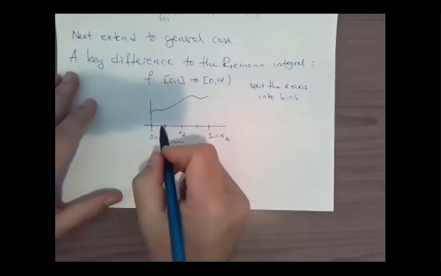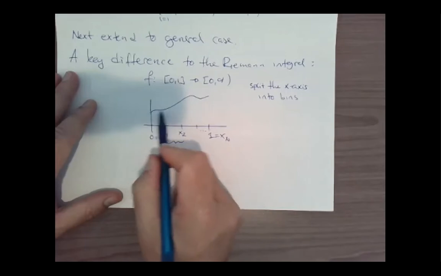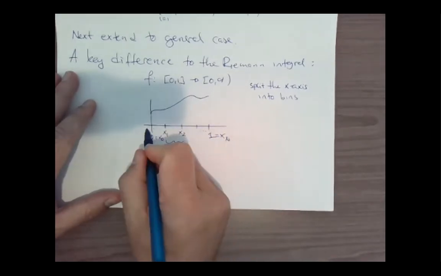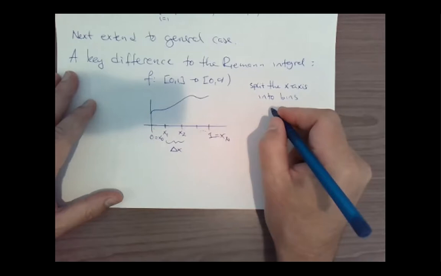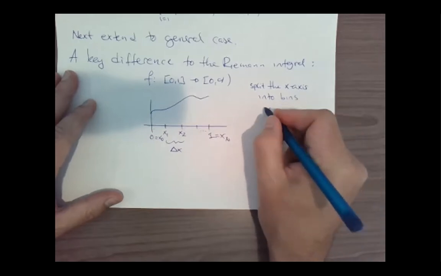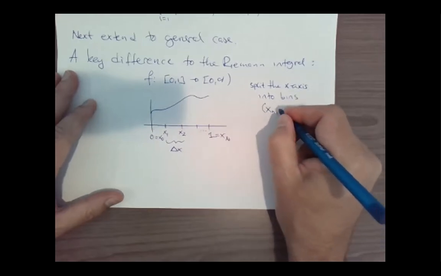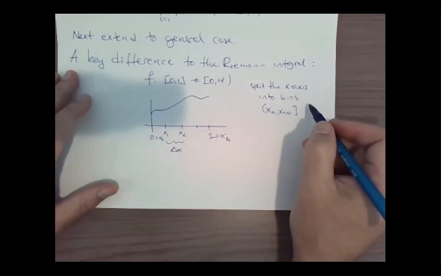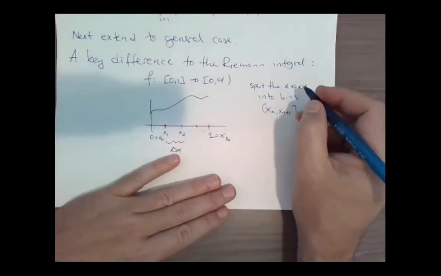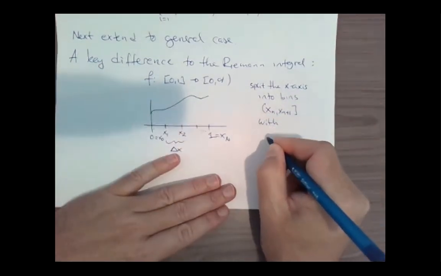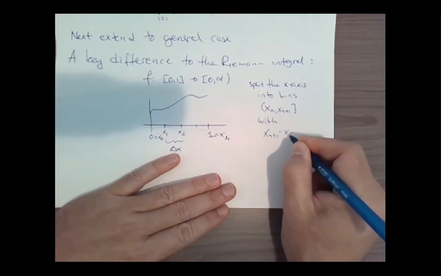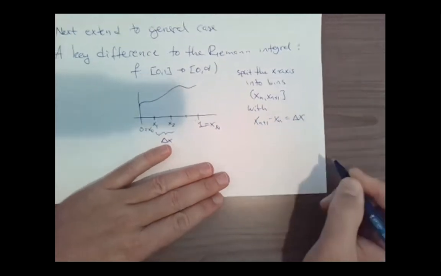You split the x-axis into these bins, from xn to xn plus 1, and they're often equally sized, so your difference is simply delta x.